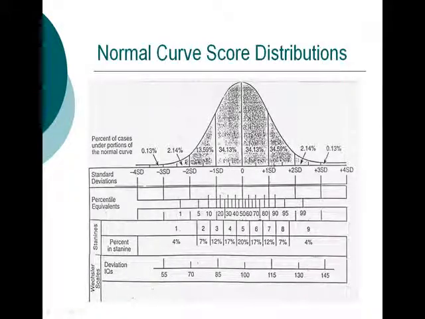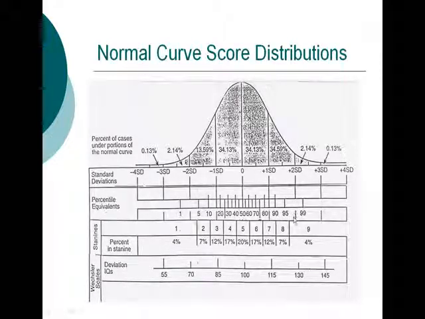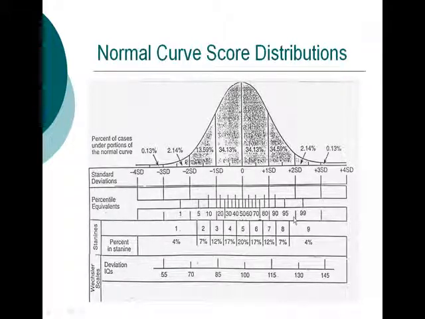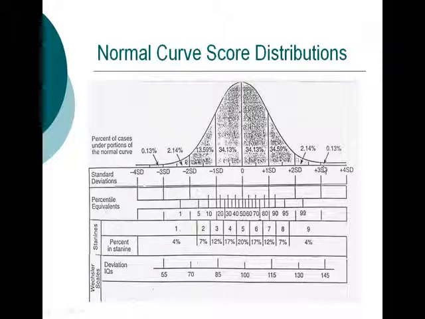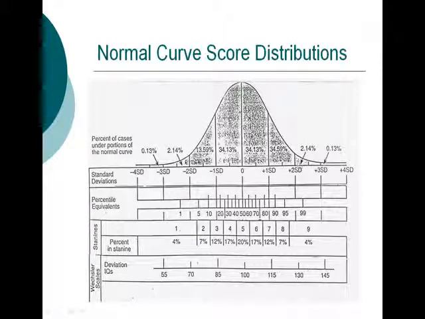And then another 14% are going to be between the 85th percentile and the 98th percentile. And then only 2% of your kids are going to be higher than that. And only 2% will be lower than that, sadly.